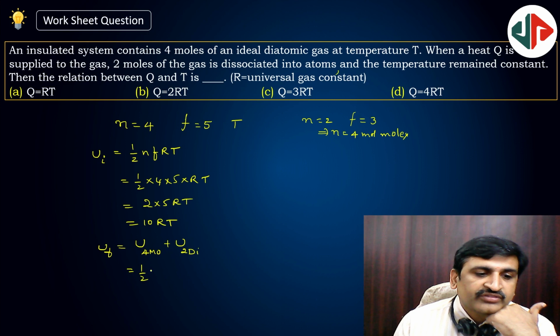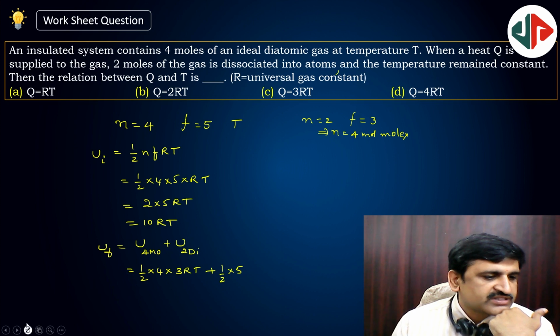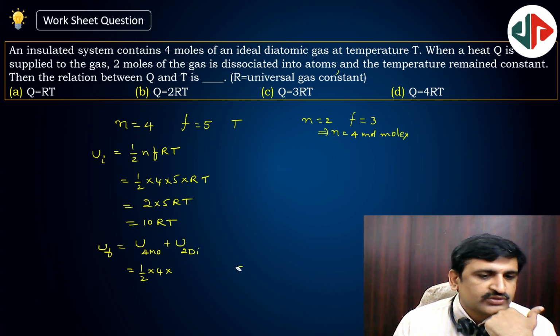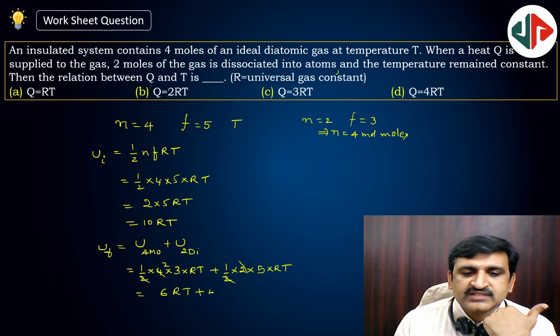So half n f with value 3 RT, plus half into number of moles 2, degree of freedom 5, into RT. The 2 gets cancelled. So 3 times 2 is 6 RT and this is 5 RT. So total 11 RT.